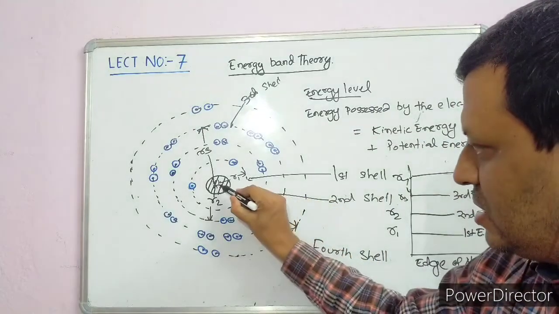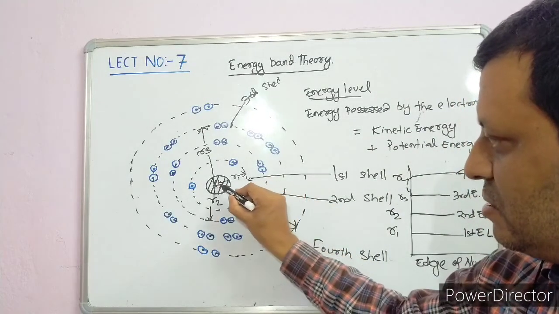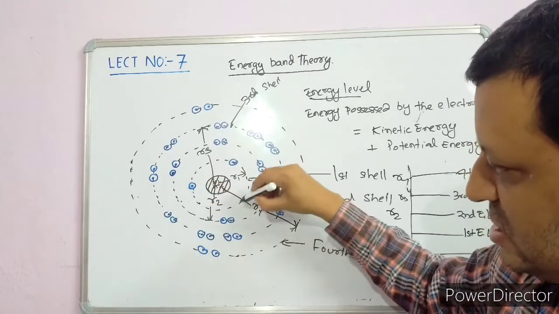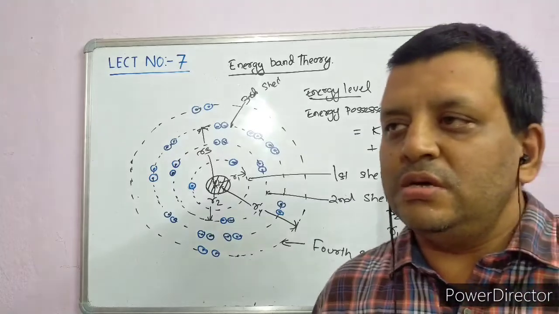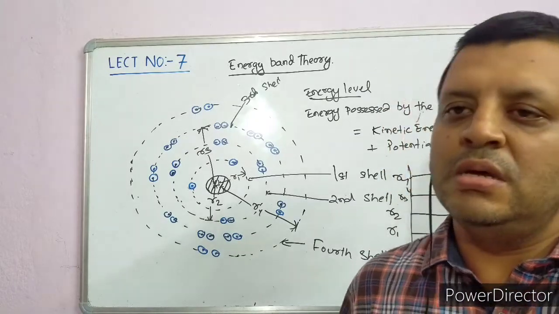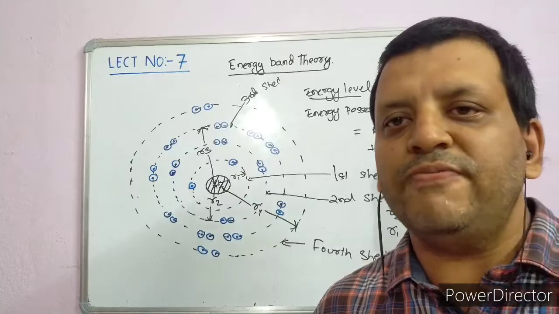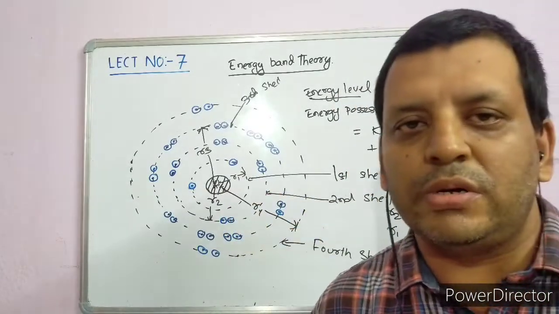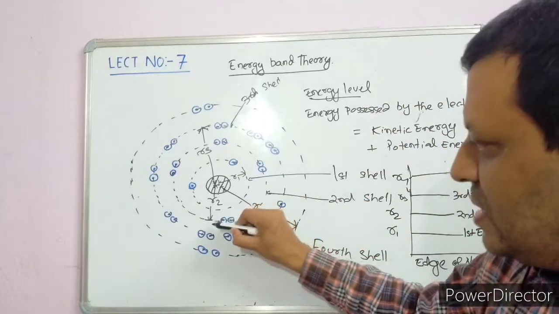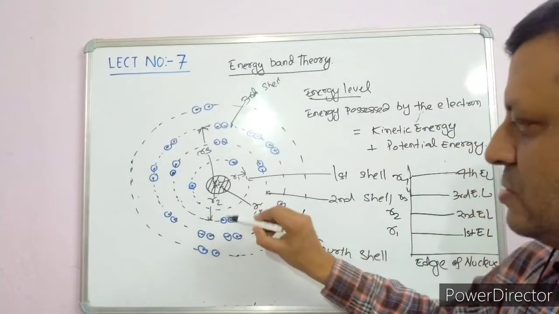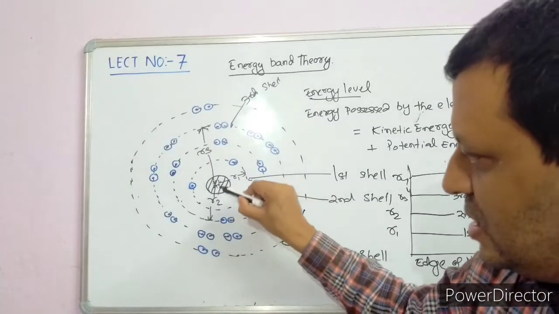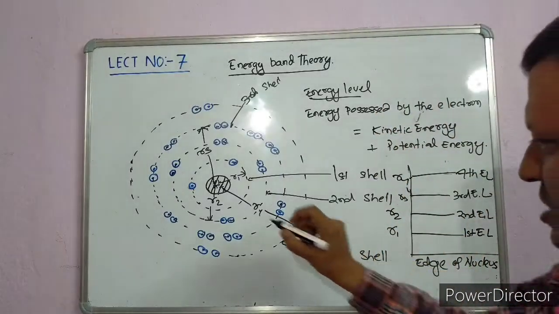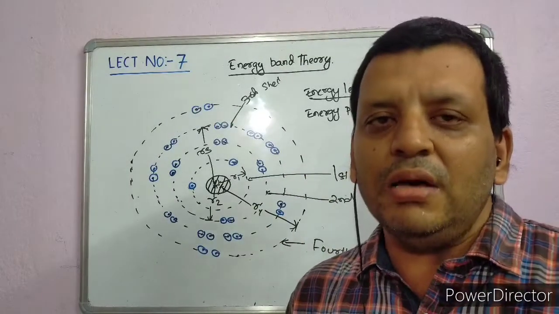Here you can see it is our nucleus, and we move to the distance of r1. This is our first cell, and the energy possessed by the electrons revolving in the first cell is known as the first energy level, which is the least in amount. If we go a little higher, to r2, as the radius of the cell increases, the energy associated with the cell also increases.